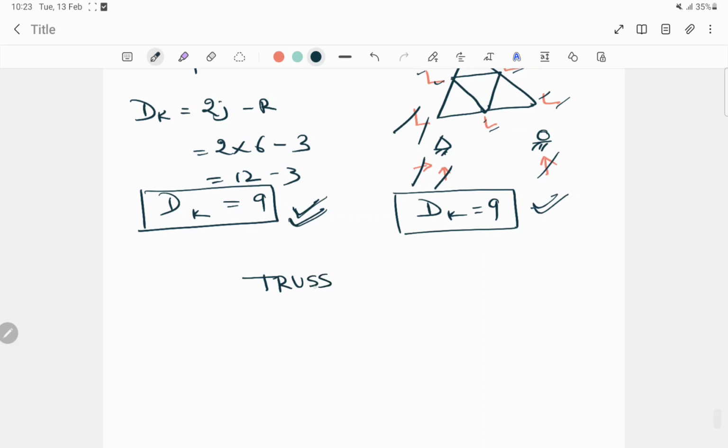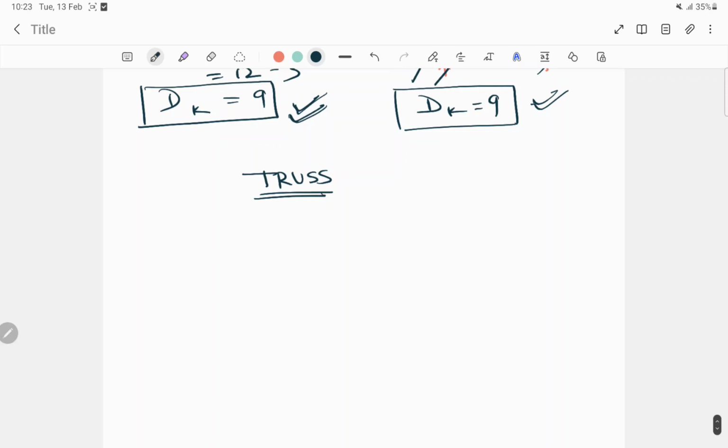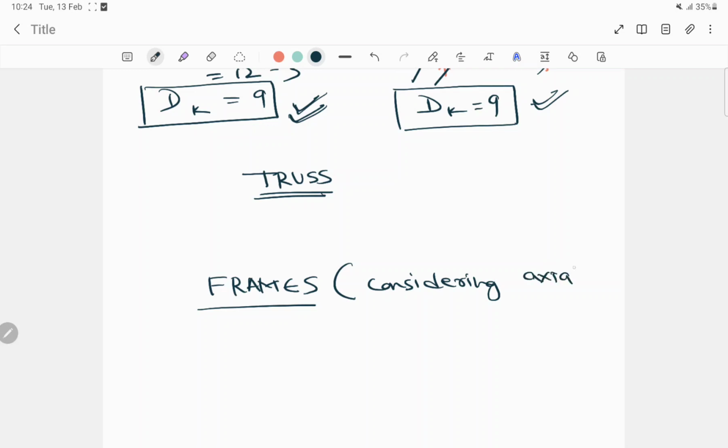Now in my next video I will be discussing how to find the degree of kinematic indeterminacy in case of frames considering the axial deformation. So next will be all about frames where we'll be considering the axial deformation. Okay, thank you.